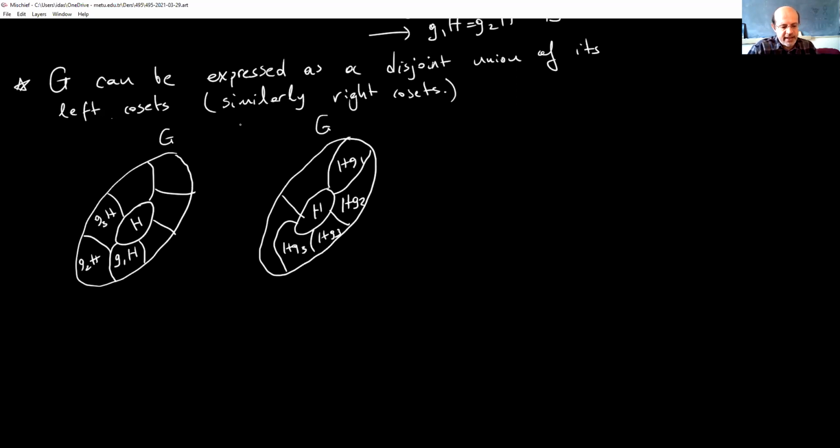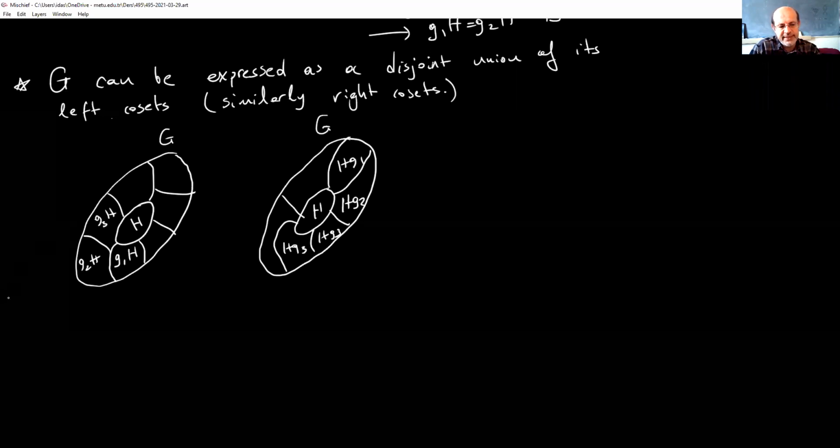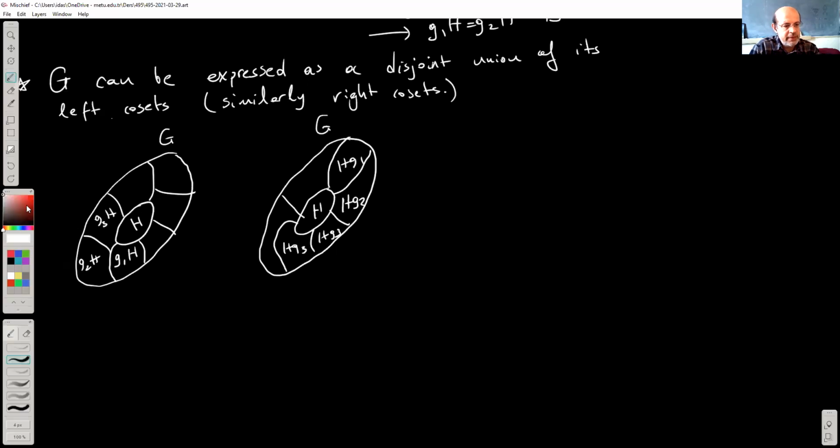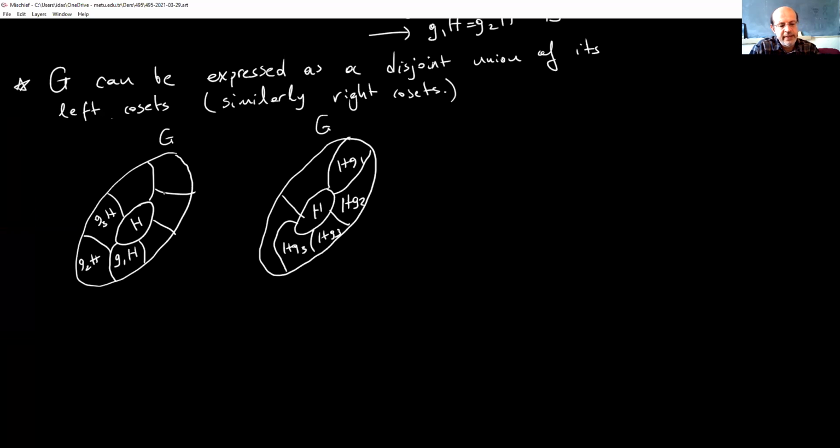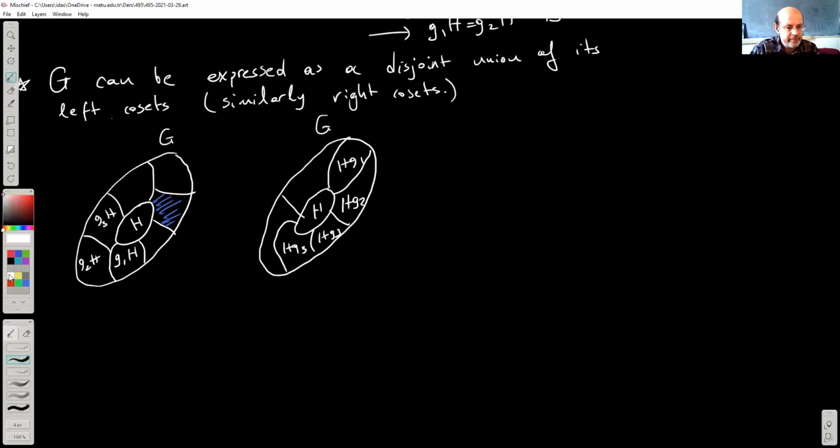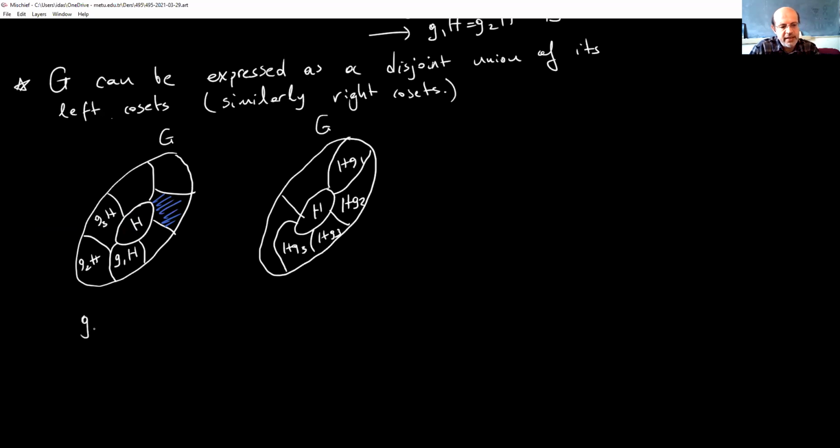But there's this nice idea in here. So if G is a finite group, then I can notice this. Each of these cosets has the same number of elements as the subgroup. So all of the cosets have the same number of elements. So I know that each GiH has the same number of elements as the subgroup.